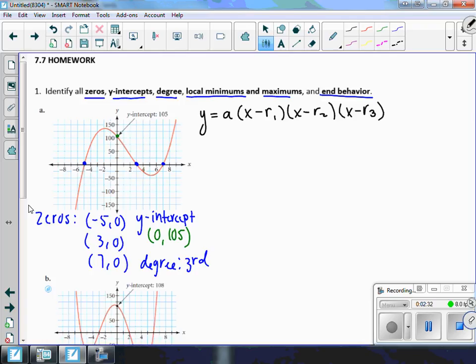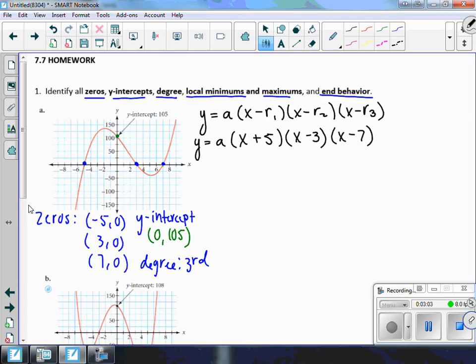My zeros are -5, 3, and 7, so let's plug those in. -5 becomes x plus 5, 3 becomes x minus 3, and 7 becomes x minus 7.